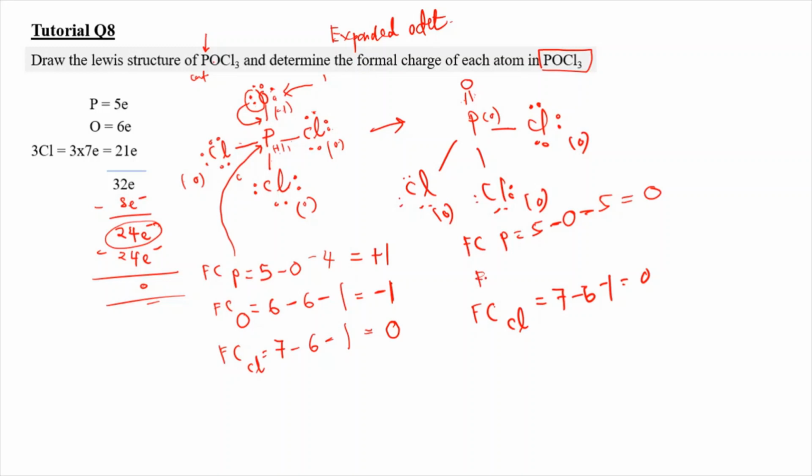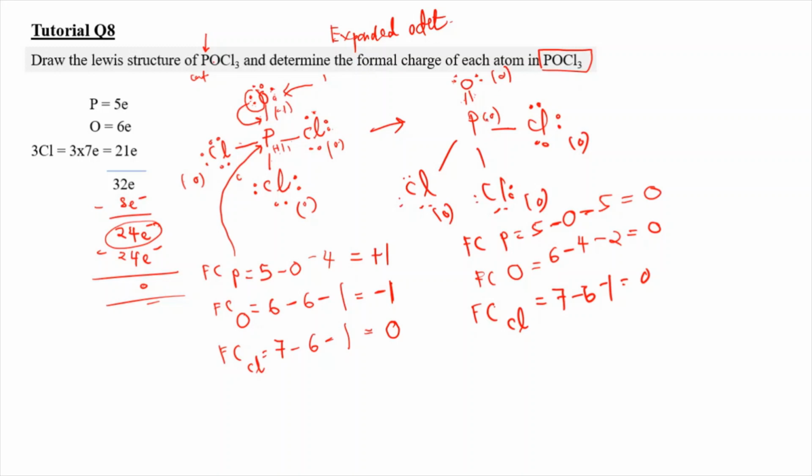And then for the formal charge of the oxygen, because 2 electrons have been used to make the double bond, you're left with 2 lone pairs. So the formal charge of oxygen: you have 6 valence electrons, minus 1, 2, 3, 4 lone pair electrons, minus 2 bonding pairs. So it's going to become 0 here.